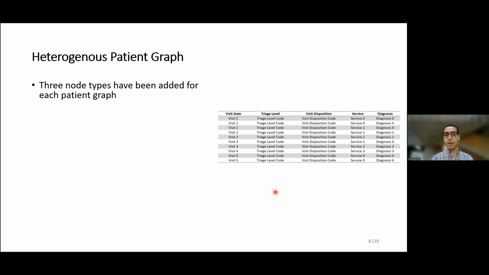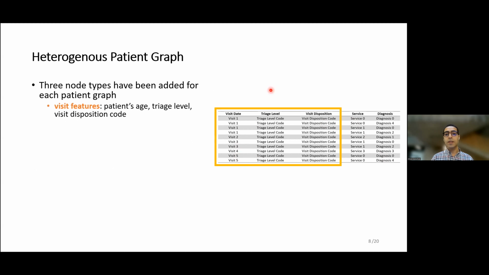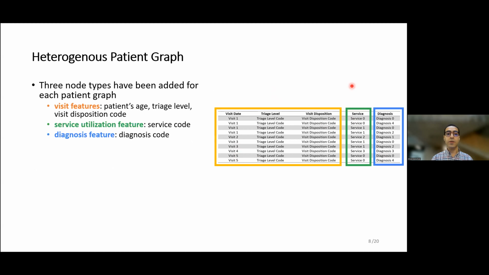So three node types have been added for each patient. This is a single patient's data. We first extracted visit features, which are patient's age, triage level, and visit disposition code, then service utilization features, which are the service data, and diagnosis features, which are the diagnosis codes. Then we have the edge types.